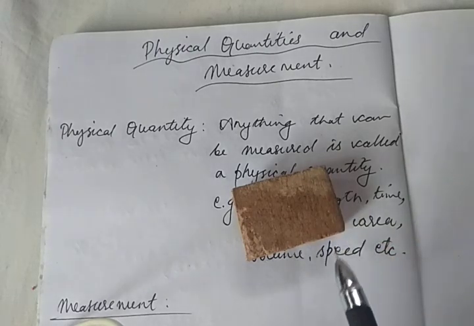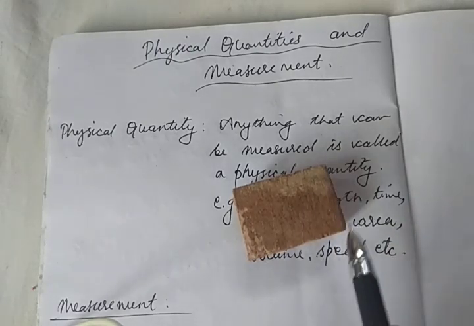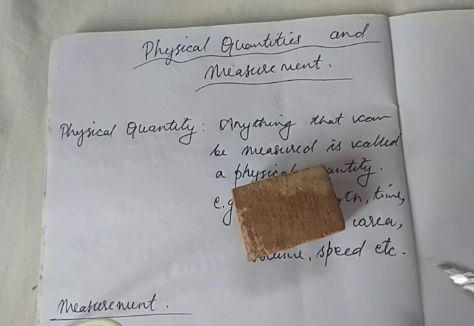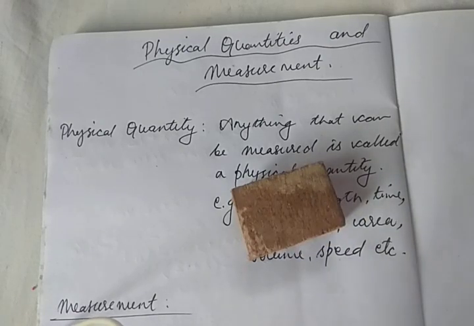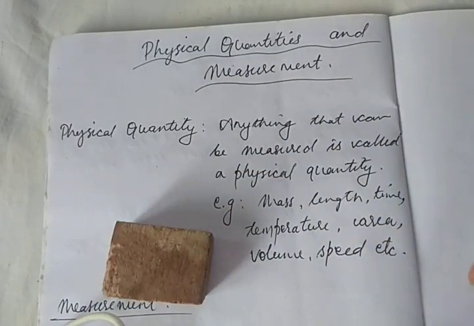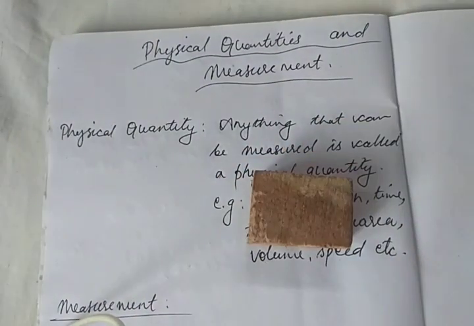The breadth and the height are all physical quantities too, because breadth and height are basically length. The mass of this piece of wood is a physical quantity. The area of this piece of wood is a physical quantity, but the piece of wood in itself is not a physical quantity.